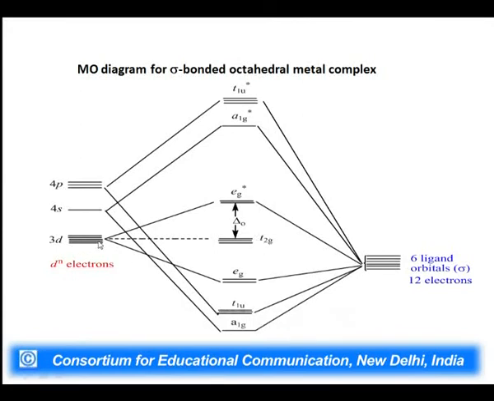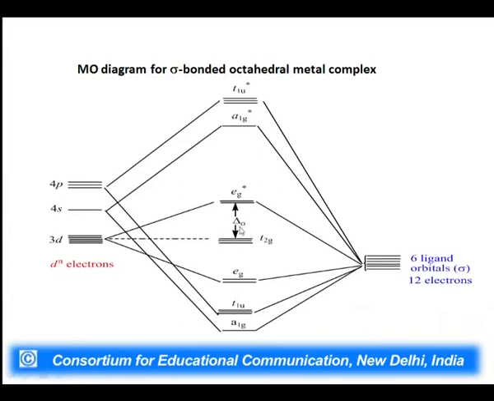So d orbitals, dxy, dyz, dxz, are going to accommodate the first of the 3 electrons, then the fourth and the fifth can enter into EG or can also get accommodated up to T2G6 configuration, as we have seen in CFT, where delta O can be greater than P, then the low spin complex will be formed. When delta O is less than P, then a high spin complex will be formed.